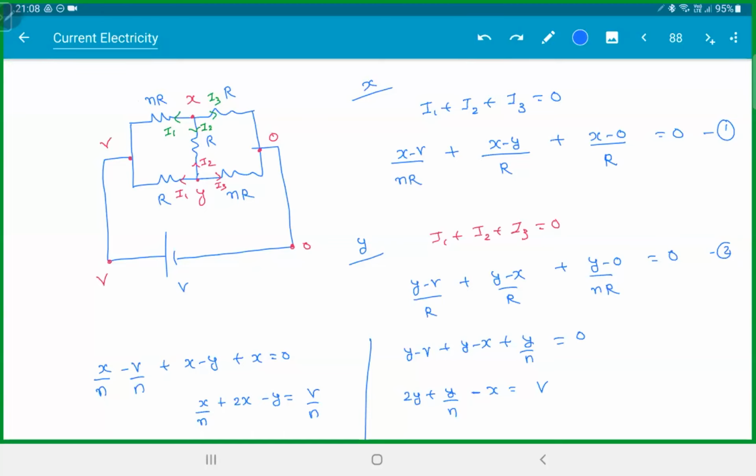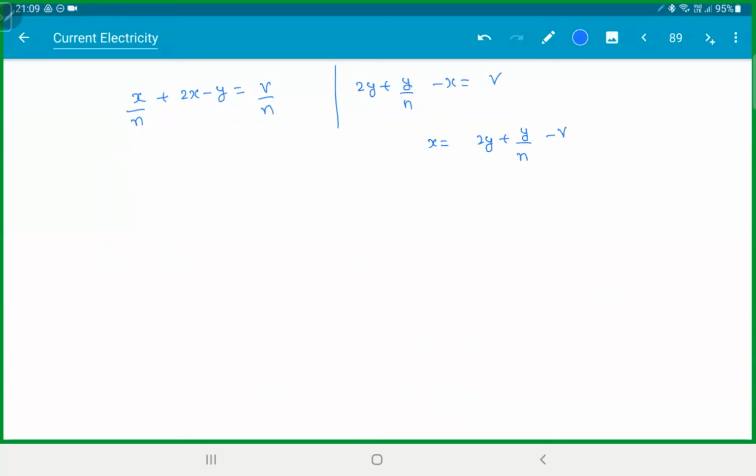Now solve these two equations. I'll just show it on the next page. x by n plus 2x minus y is v by n. 2y plus y by n minus x is equal to v. So get x from here: 2y plus y by n minus v.